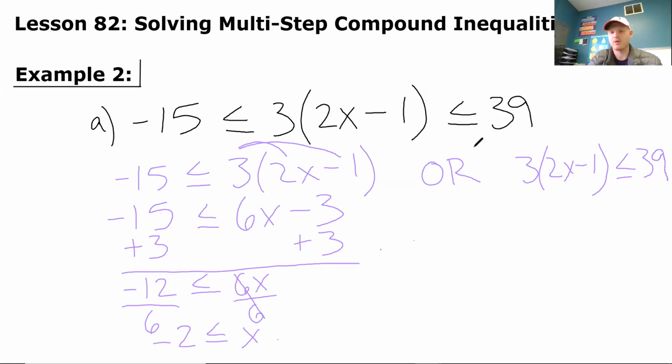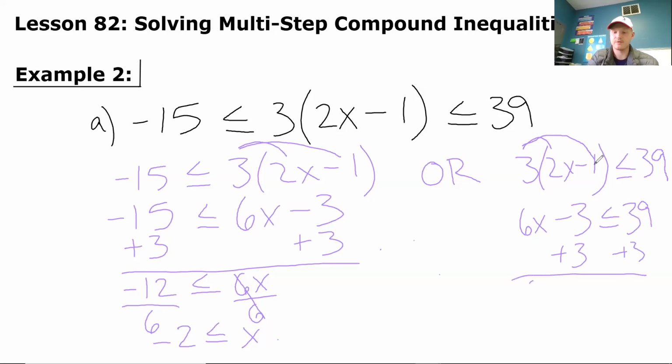Now let's do our other inequality. So 3 times 2x, again, 6x, it's going to be the exact same thing that we did over on that first inequality. And then 3 times negative 1, negative 3 is less than or equal to 39. Okay, so let's add 3 to both sides.